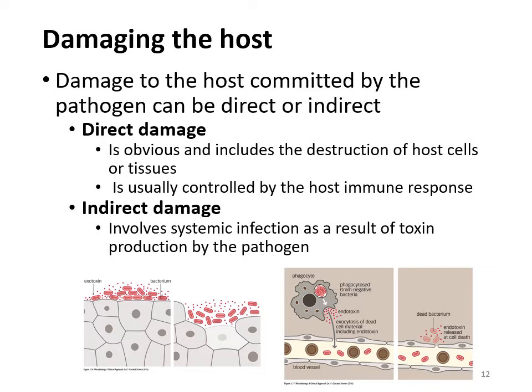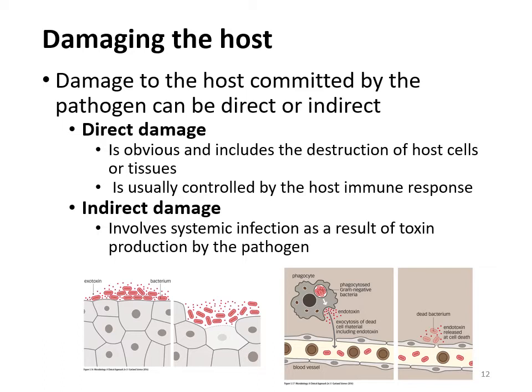So picture that pathogen crashing into cells and tissues. The pathogen itself is destroying host cells or tissues. Indirect damage is when you have systemic, so body-wide trouble because of toxins produced by the pathogens.